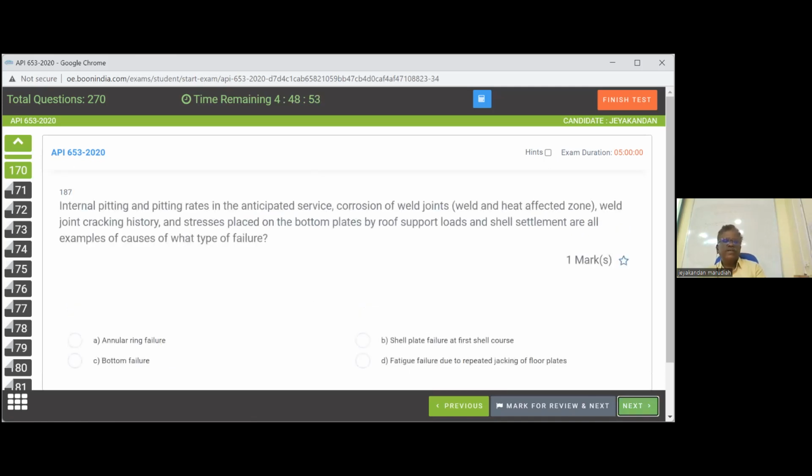Next. Internal pitting and pitting rates in the anticipated service, corrosion of weld joints, weld and heat effects, weld joint cracking history, and stresses placed on the bottom plates by roof support loads and shell settlement are all examples of what type of? Check this. Internal pitting and pitting rates in anticipated service. Where is it?